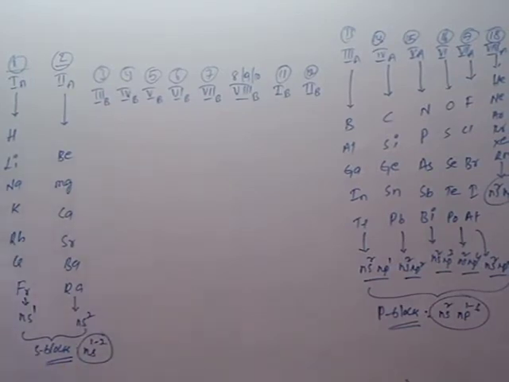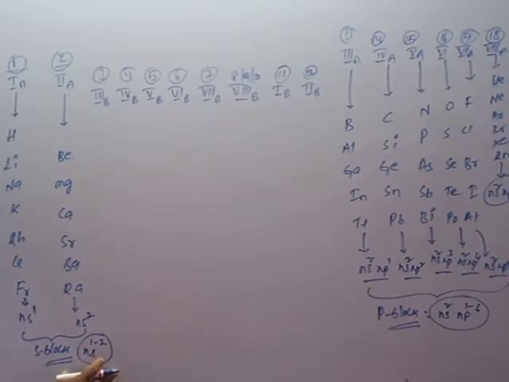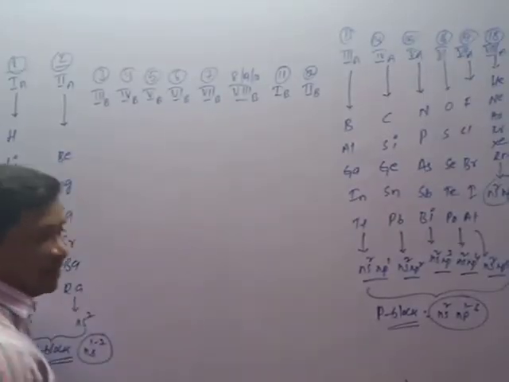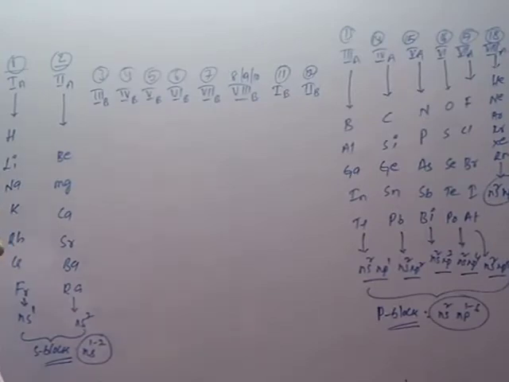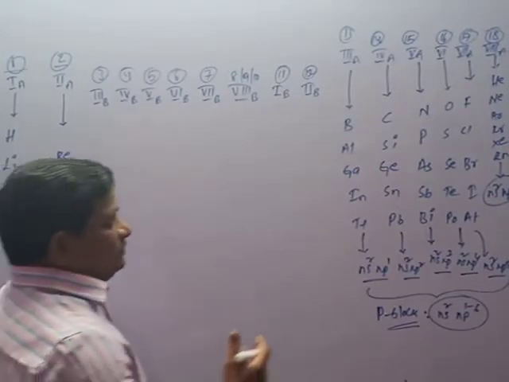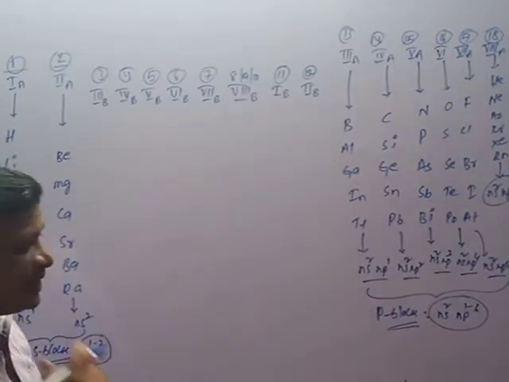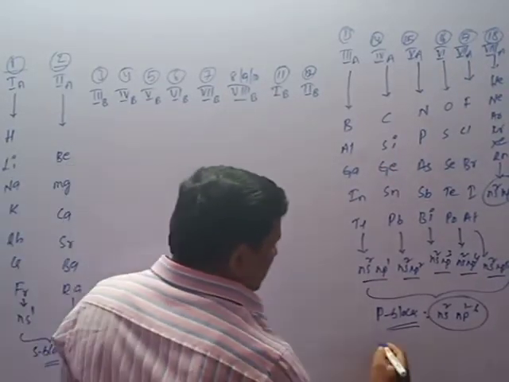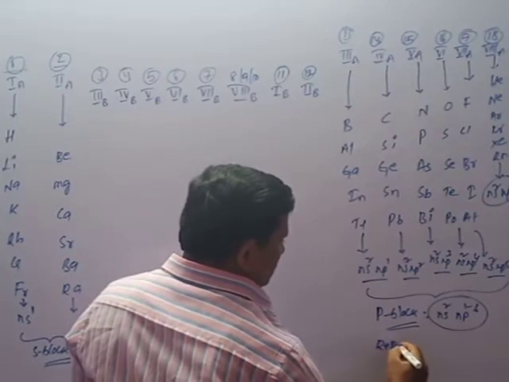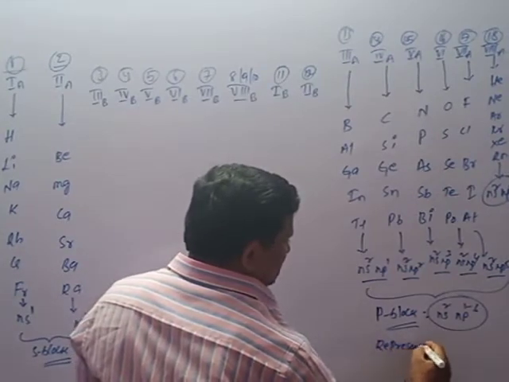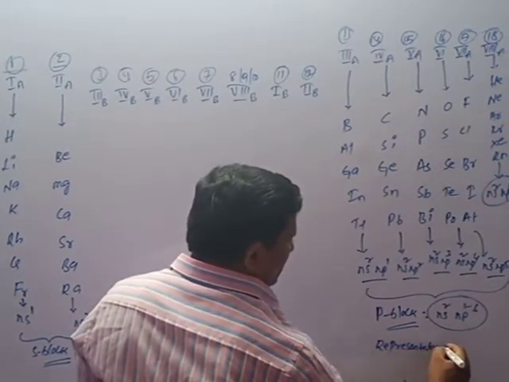In these, all s and p block elements except the 8th A group or 18th group elements are known as representative elements. What are representative elements?